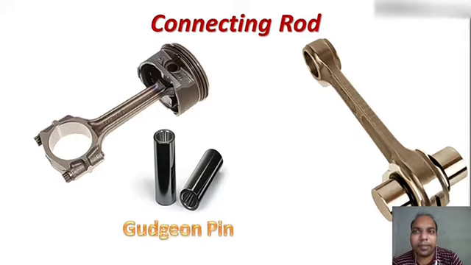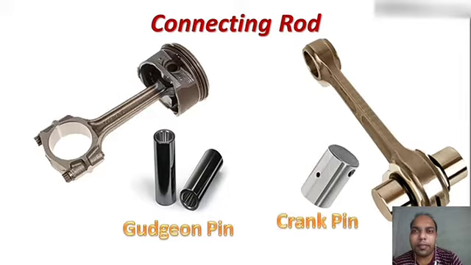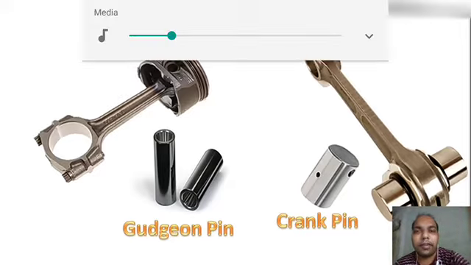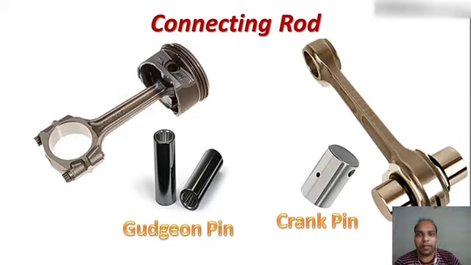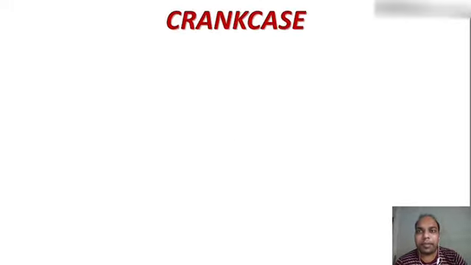Now this is the gudgeon pin which connects piston to the connecting rod, and this is the crank pin which connects to the crankshaft. Since low weight is of prime importance, because if the whole weight is more, then the engine will start vibrating or making chirping noises.